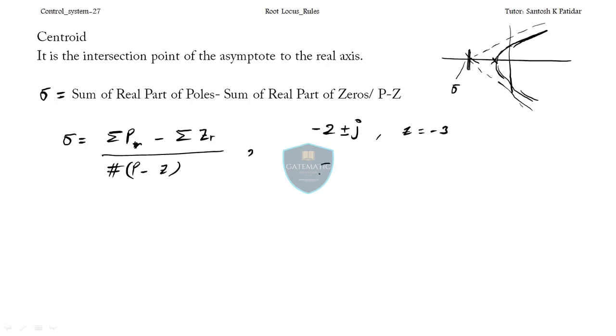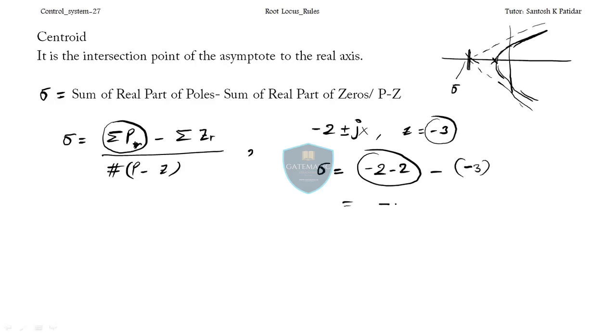Now suppose you are calculating sigma, so we take the real parts of the poles: -2 and -2. We do not consider the imaginary part. We need the summation. So I take the summation of the two poles, minus the summation of the zeros, which is -3. So this is -4 plus 3, and at -1 you will get the centroid. The centroid means your asymptotes will intersect at -1 on the real axis.